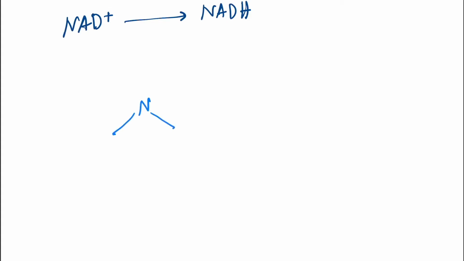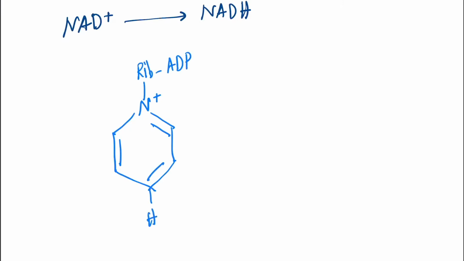Okay, so now let's see the structure of these two coenzymes and also the reaction. First we will see how NAD plus forms NADH. So let's draw the structure of the NAD plus coenzyme. Here is the hydrogen and then oxygen and NH2. So this is NAD plus, that is the coenzyme.